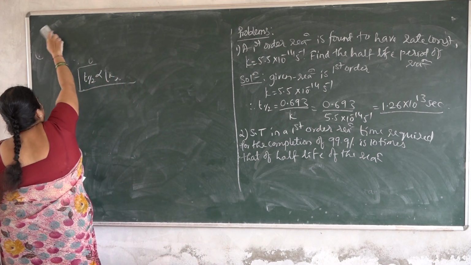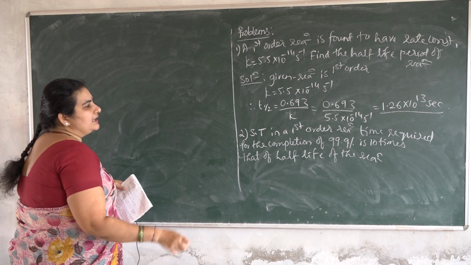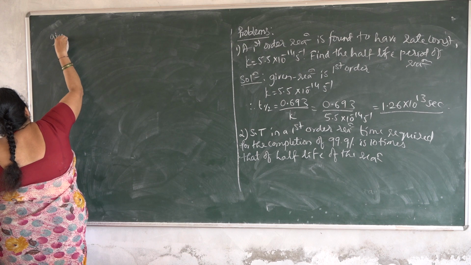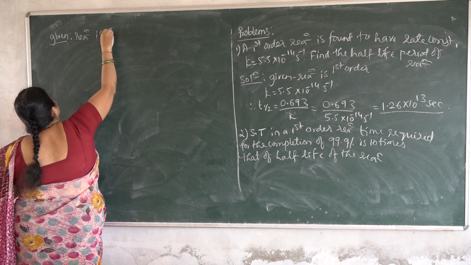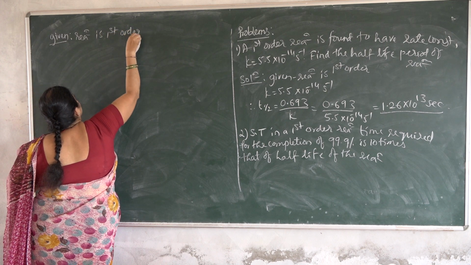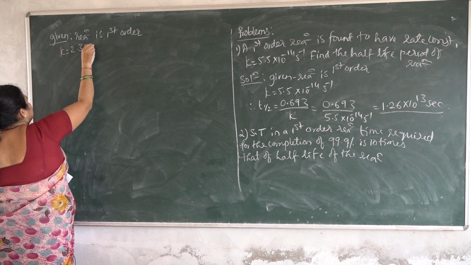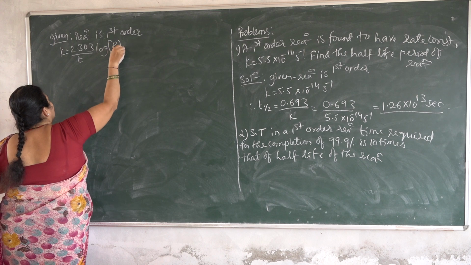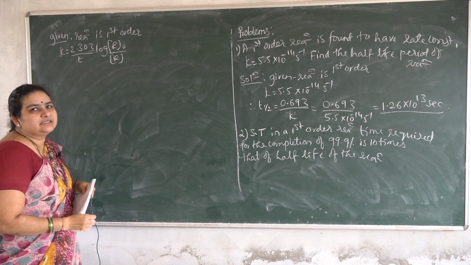So this problem is done in 2 parts. Again write down the given things. Given: the reaction is first order. So you are using the rate constant formula K equals 2.303 divided by t log of R naught divided by R. Okay, this is the formula to be written here.